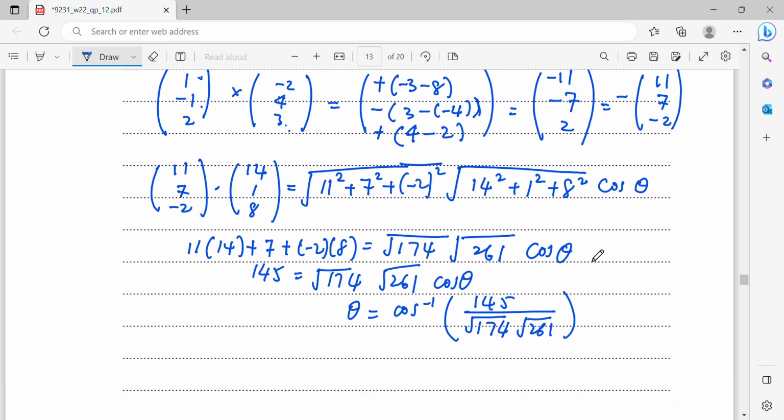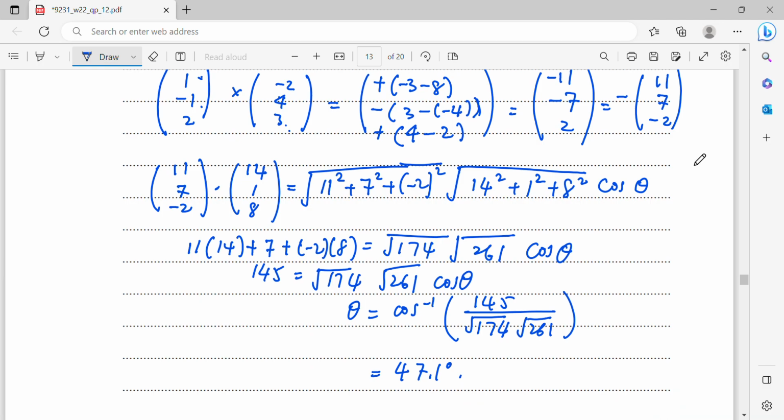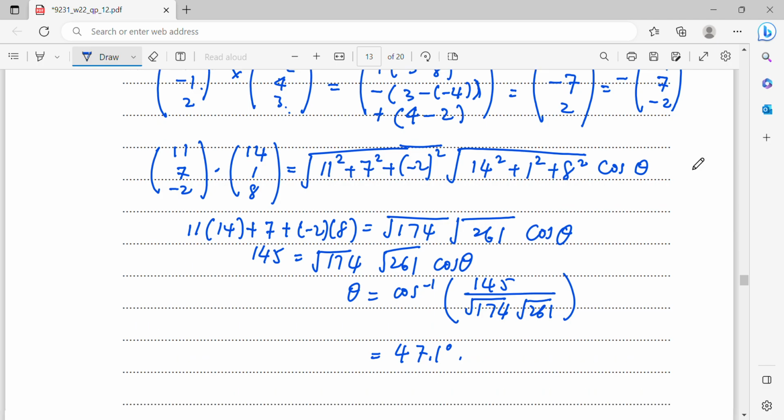So at last, you'll be getting 47.1 degrees. So that is the solution for the part C. Acute angle between pi 1 and pi 2.